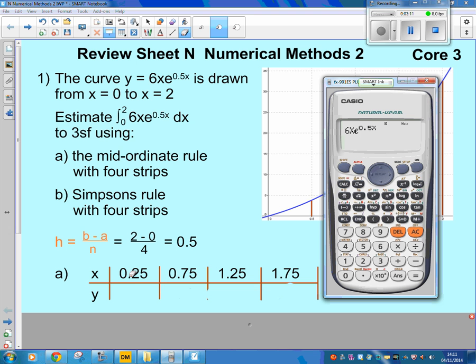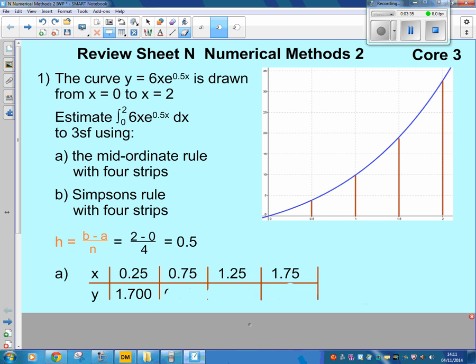Then I just use the calc button to work everything out. Calc first for 0.25, equals, and it gives me 1.6997 and so on. The answers need to be to 3 significant figures, so I must work to at least 4 significant figures. So I'm going to use 1.700 for this one.